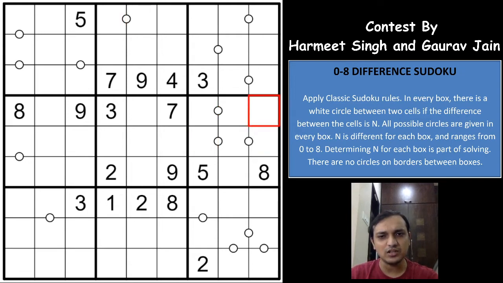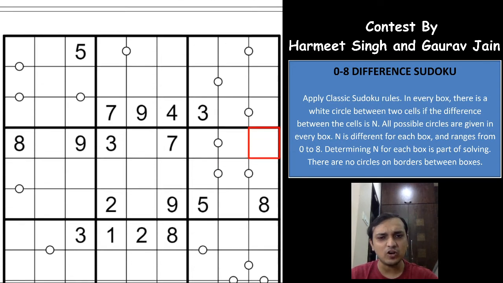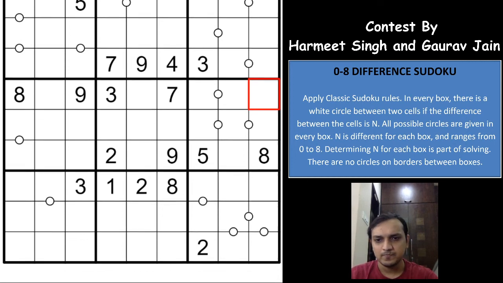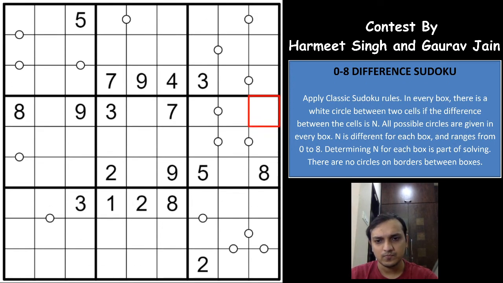If there is no circle between two cells, then those two digits cannot have a difference of 1. So it's part of the solving to find out which box has which difference. And there cannot be a circle between the line edges of two boxes, right?